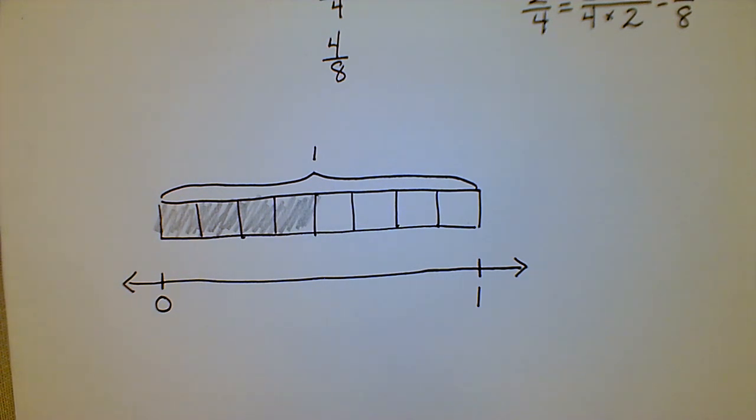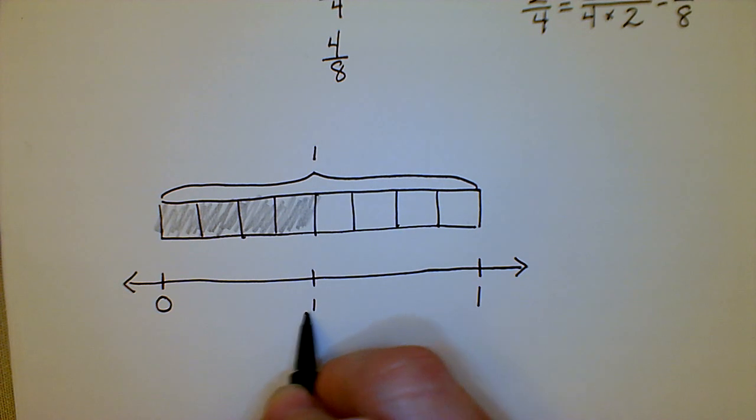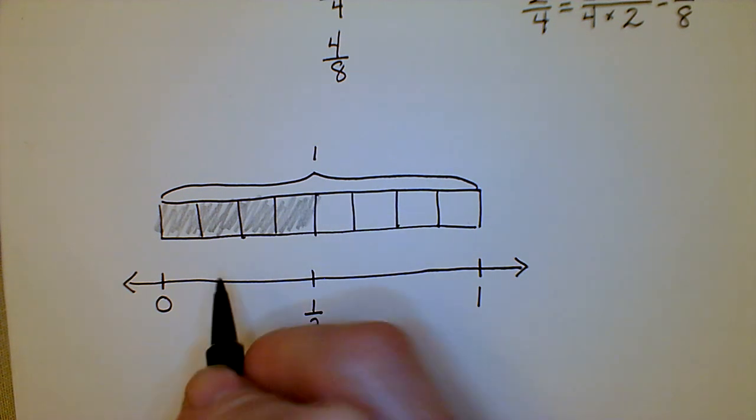Now, just like we did with the tape diagram, let's make a mark and label 1/2 on our number line. So 1/2 is going to be half of the distance between 0 and 1. So I'm going to put a mark here, and I'm going to label it 1/2. Now, just like we did earlier with our tape diagram, let's decompose this into fourths.